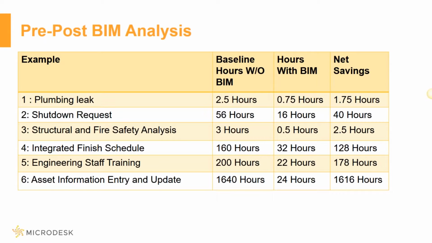The shutdown request, I like this example a lot because the amount of time it would take to do a shutdown request was reduced by 40 hours, as you can see.